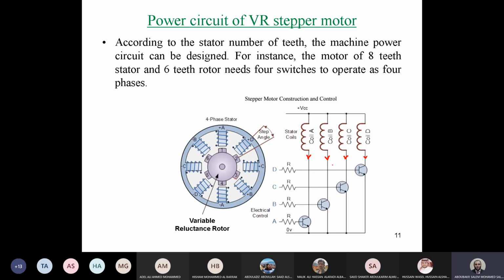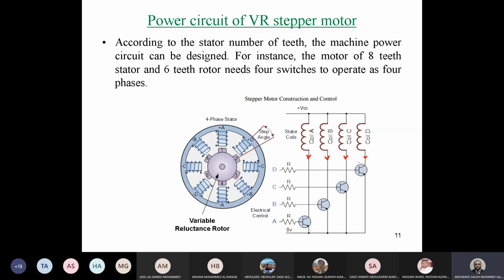Simply, we can use power electronic switches like IGBTs or MOSFETs, based on controlling pulses implemented with a microcontroller, for instance. You have to implement the lookup table we showed in the previous slides, in order to operate the motor with the required performance, and apply these pulses to the switches like that.